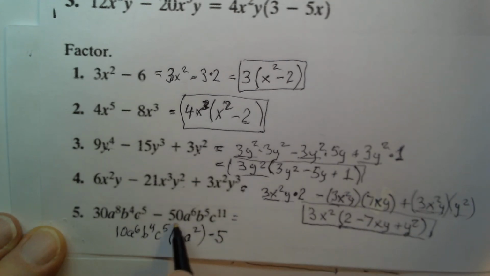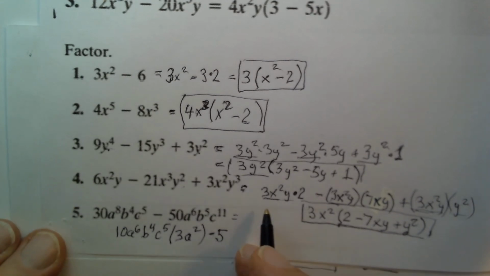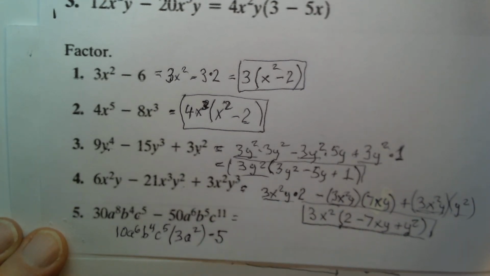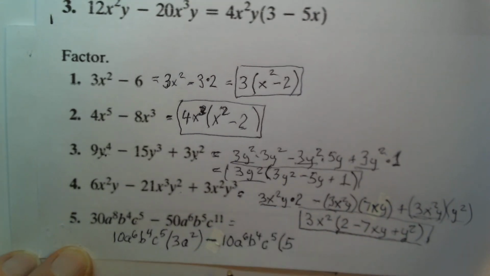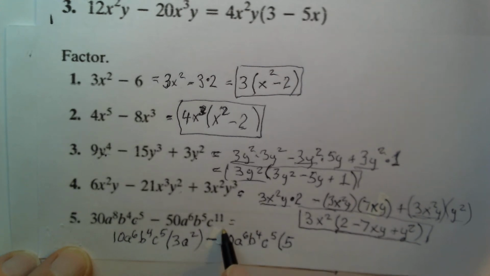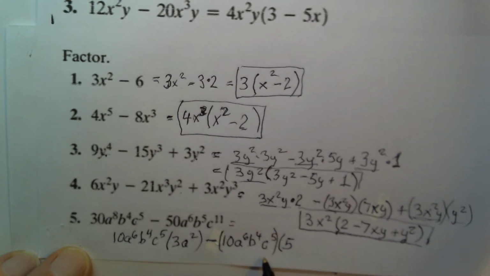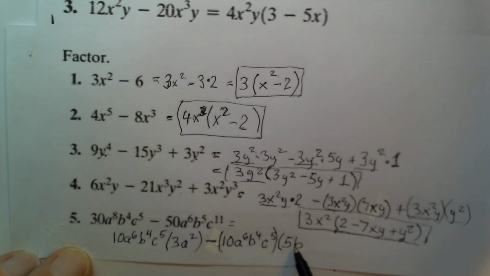And so a to the 6 is already the greatest common factor, b to the 4th, but here's a b to the 5, so let me rewrite this as a whole expression. So minus, here's our greatest common factor. And so we had a to the 6, and that's already a factor, b to the 5th, but we have a b to the 4th as a factor, so it means we need a b here.